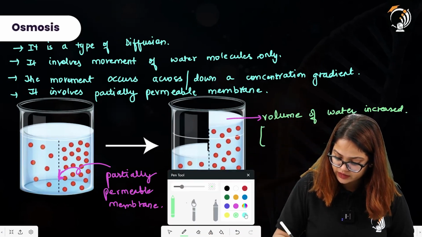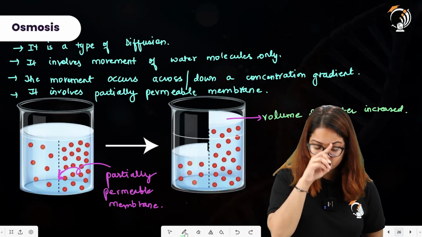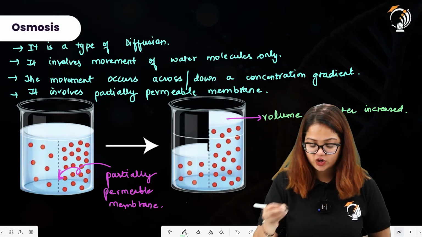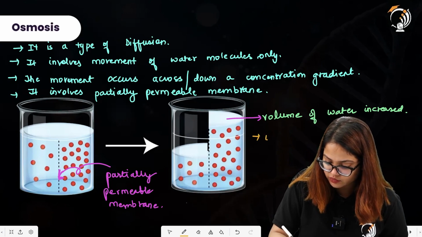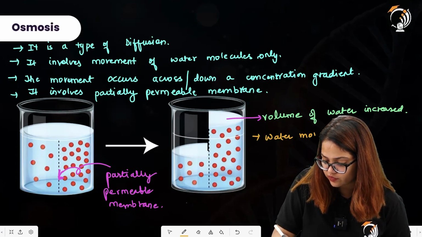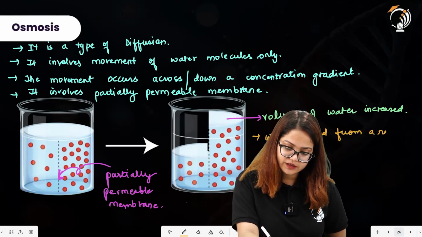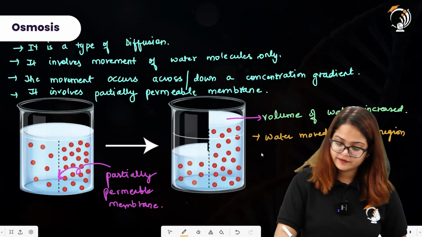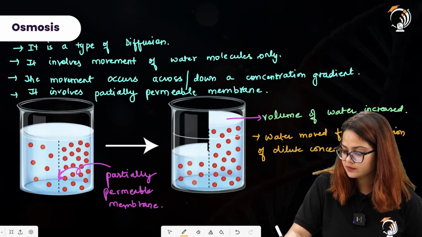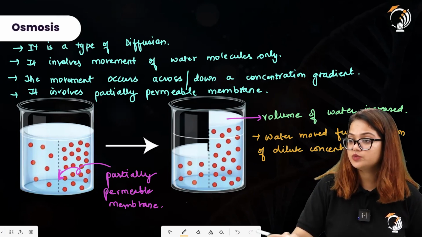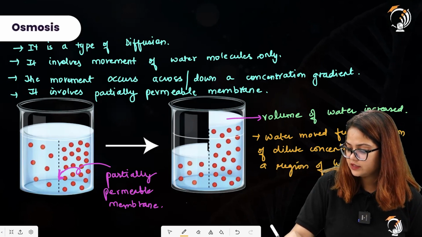The water moved from a region of high concentration to a region of low concentration. Or we can also consider this statement: water moved from a region of dilute concentration to a region of high concentration.